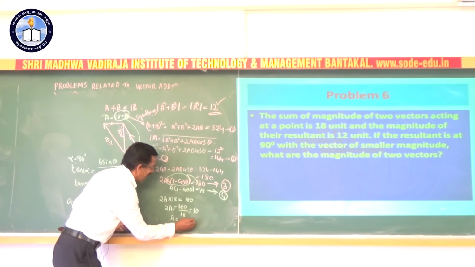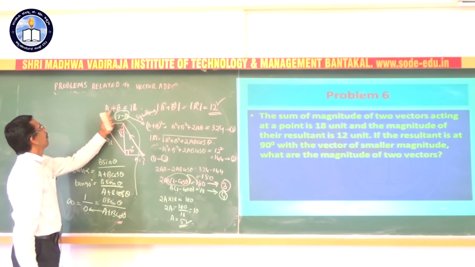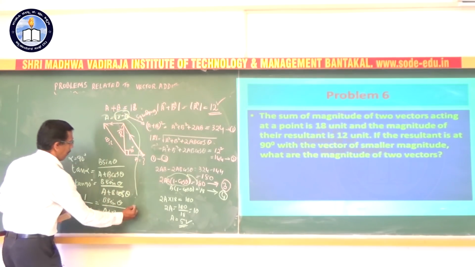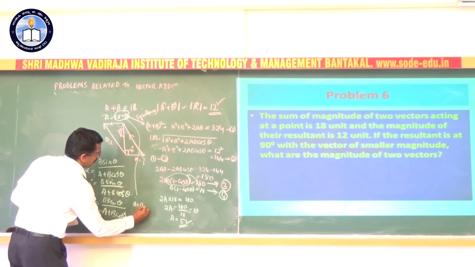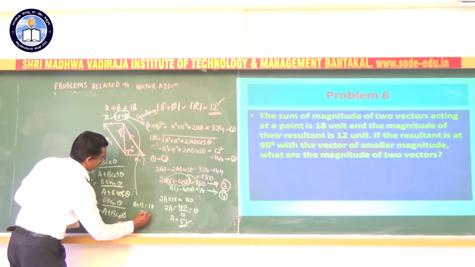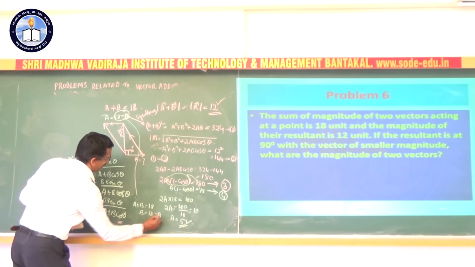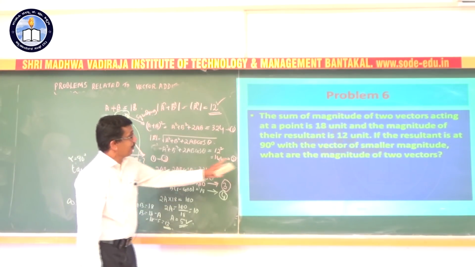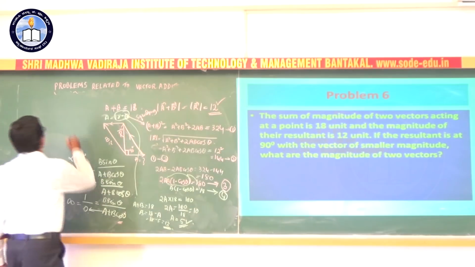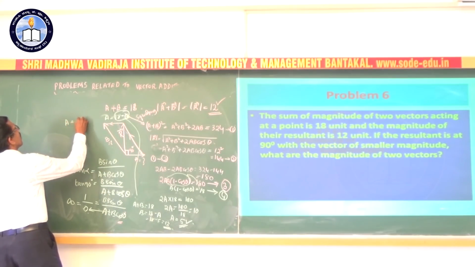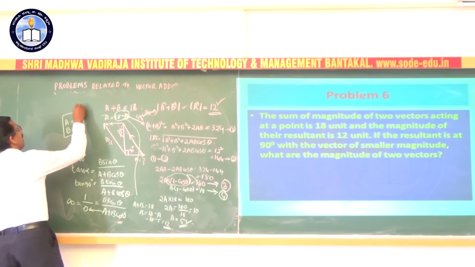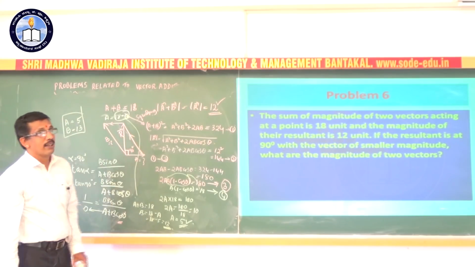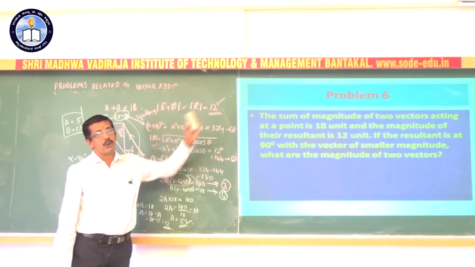Once you get A, we know A plus B is 18, so B is equal to 18 minus A, that is 18 minus 5, 13. Clearly, the magnitude of vector A is 5 units, the magnitude of vector B is 13 units, their sum is 18, and their resultant is 12.